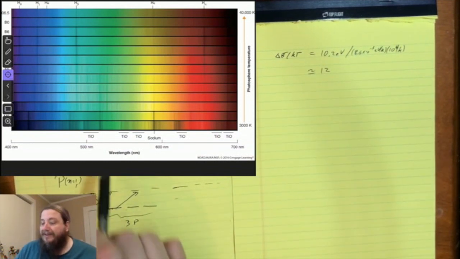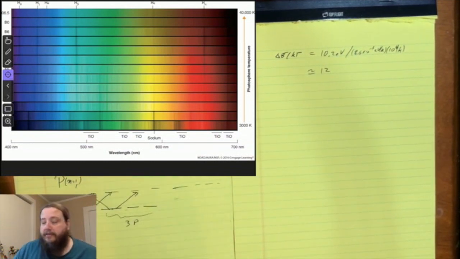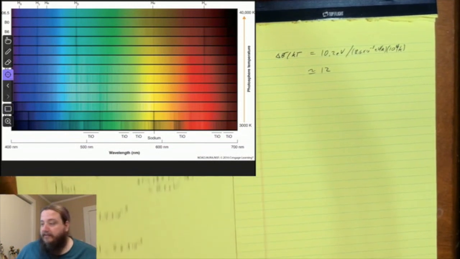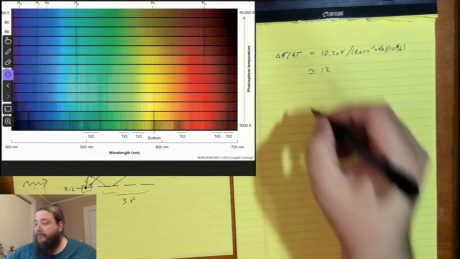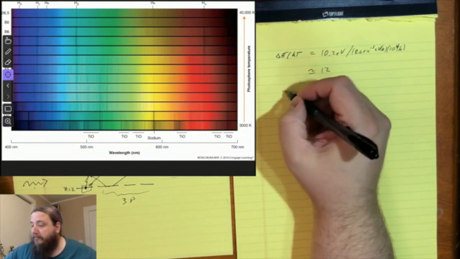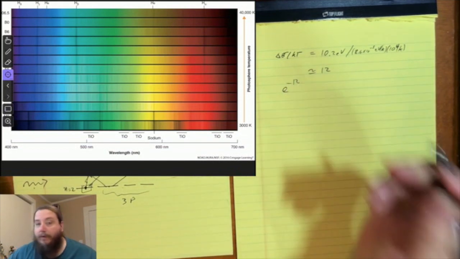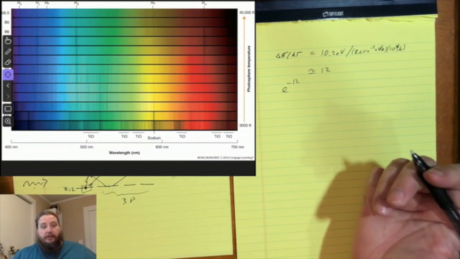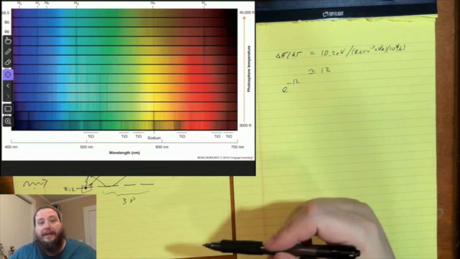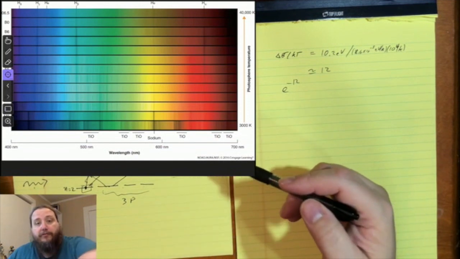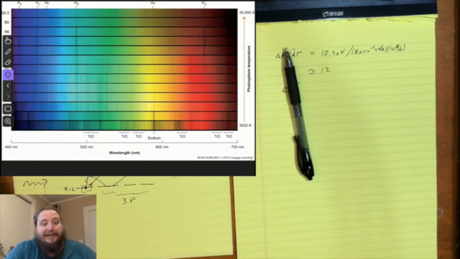It was about 20 or so for the sun. We're down to about 12, but we still have Boltzmann factors of e to the minus 12. So still pretty heavily suppressed, even though the strength of the hydrogen features is peaking there.